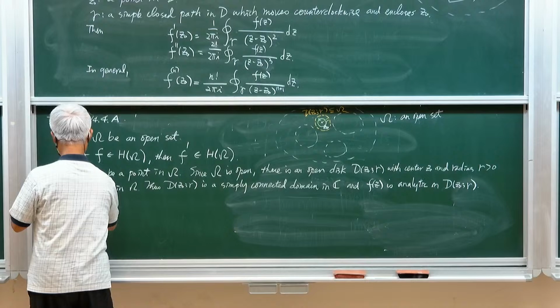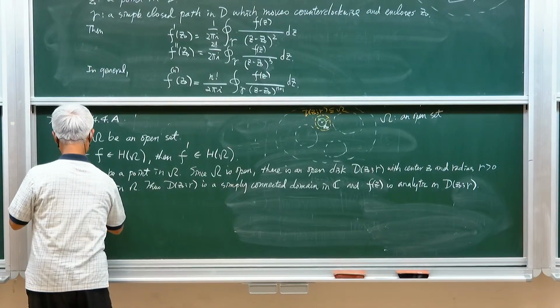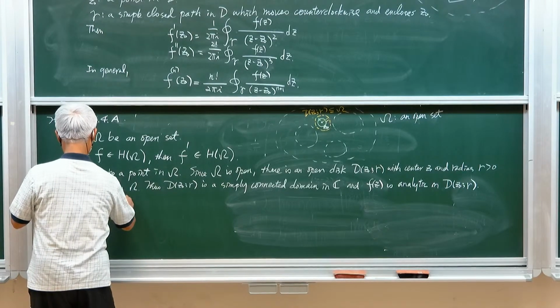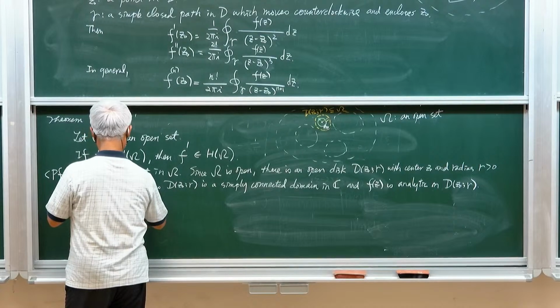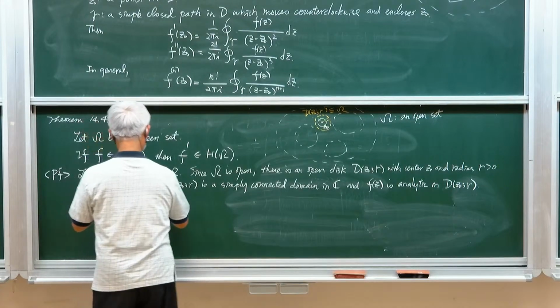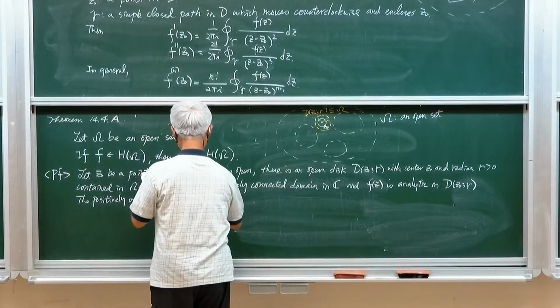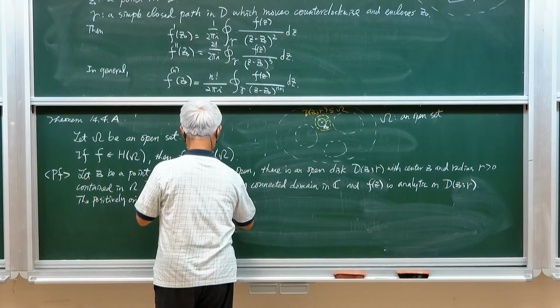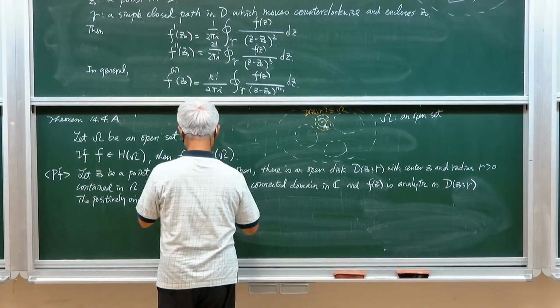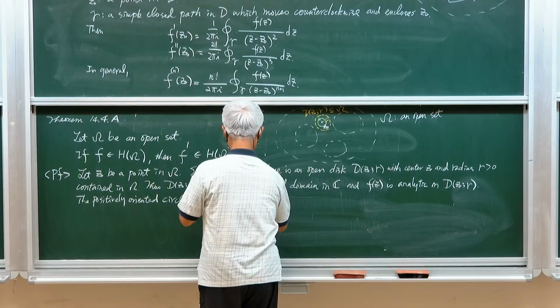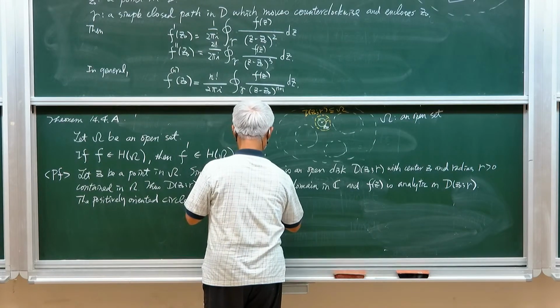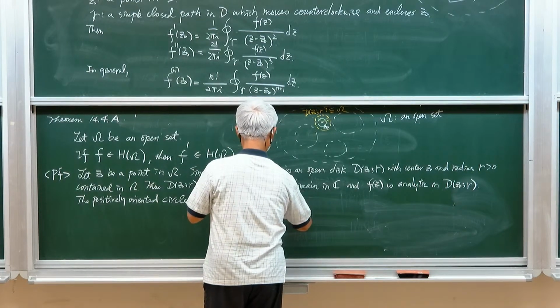Now, so the positively oriented circle gamma with the center z0 and the radius r.